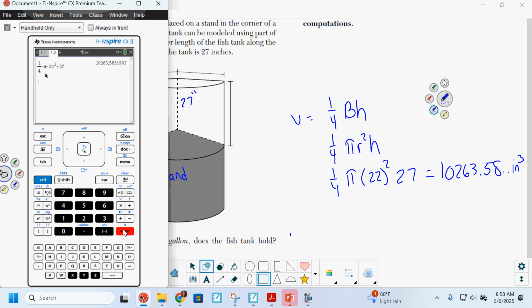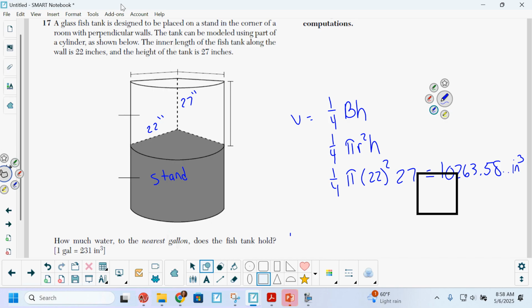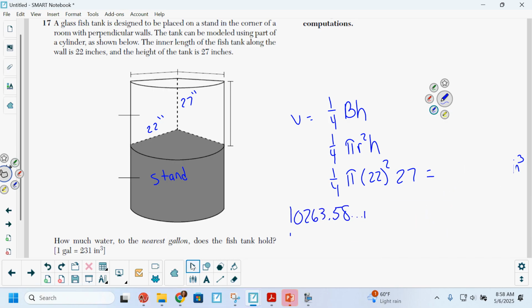But now I'm told that I want to change it to gallons. So I've got to take this number and change it to gallons. This is in inches cubed. In 1 gallon, there's 231 inches cubed.